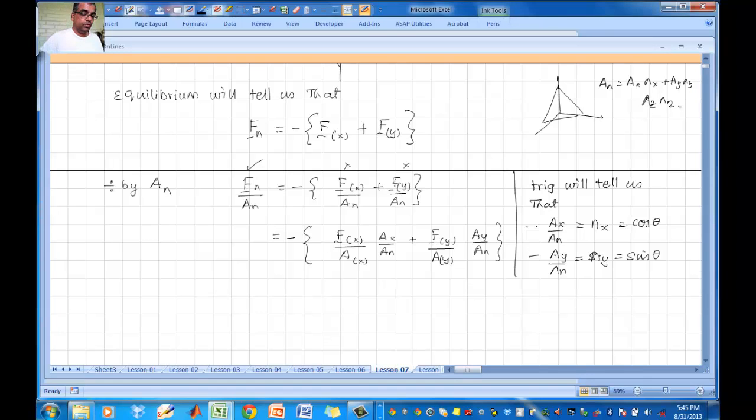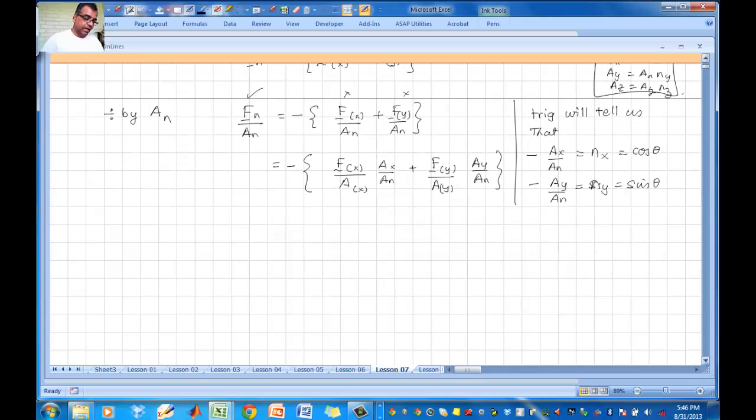Ax is An nx, Ay is An ny, Az is An nz. So this is a nice result purely based on geometry of triangles. There is nothing more to it. Okay, so what does that give us?